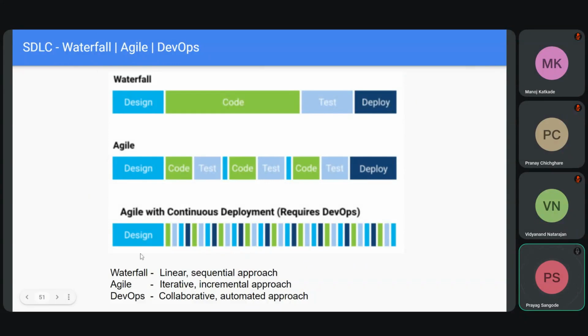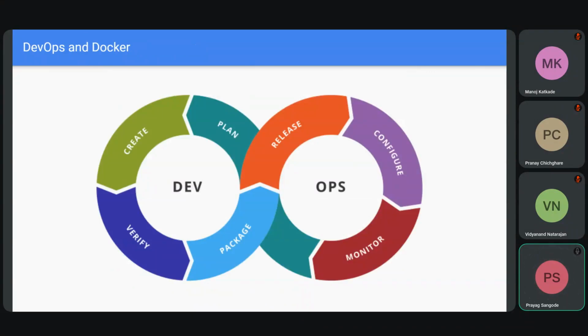After designing, the coding is done, then the testing is done, and immediately the feedback is given to the developer. So everything is fast. It is done in a continuous way, and that's what DevOps is all about: continuous integration, continuous deployment, and continuous feedback.